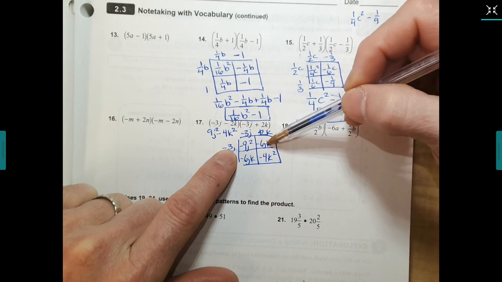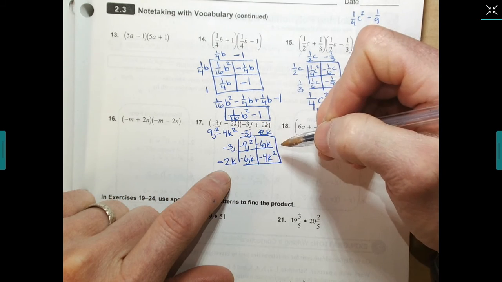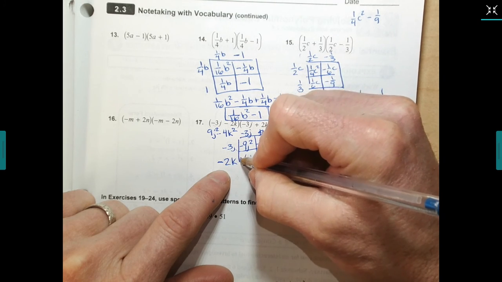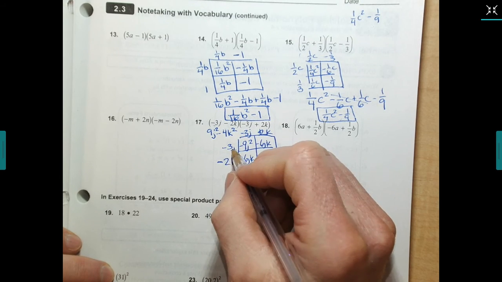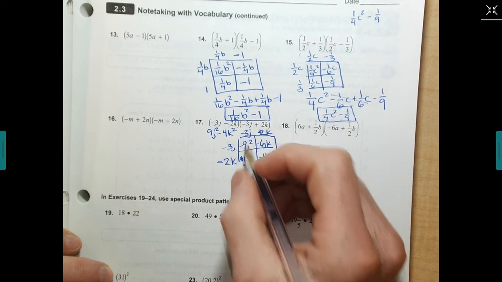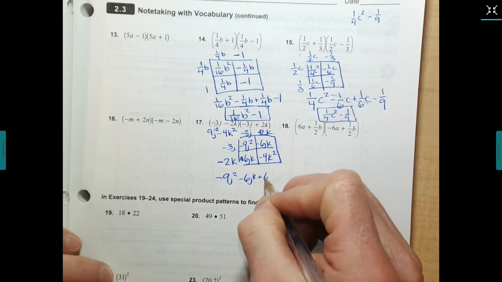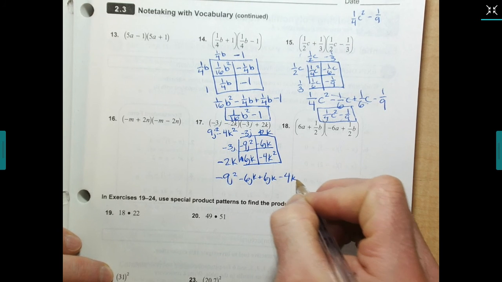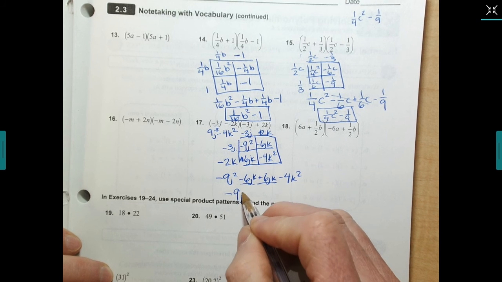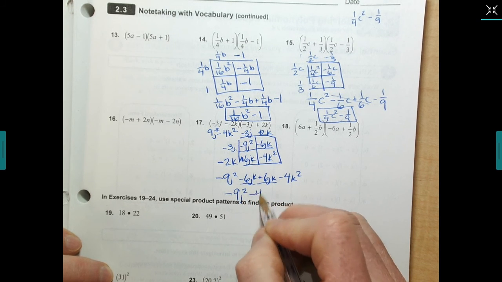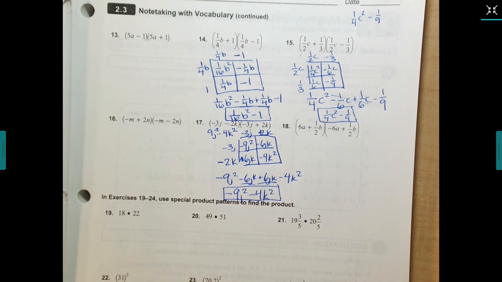Negative times a positive. Oh, no. This is supposed to be a negative. So this is positive, because a negative times negative is positive. So I got negative 3j and then negative 2k. So I have negative 9j squared minus 6jk plus 6jk minus 4k squared. Look at that. Those two cancel out. I get negative 9j squared minus 4k squared. There you go.